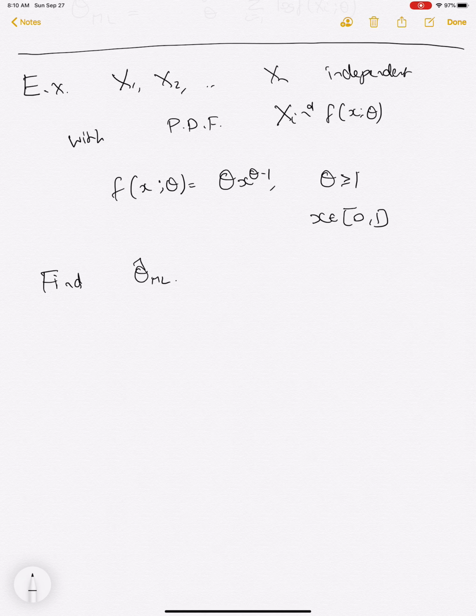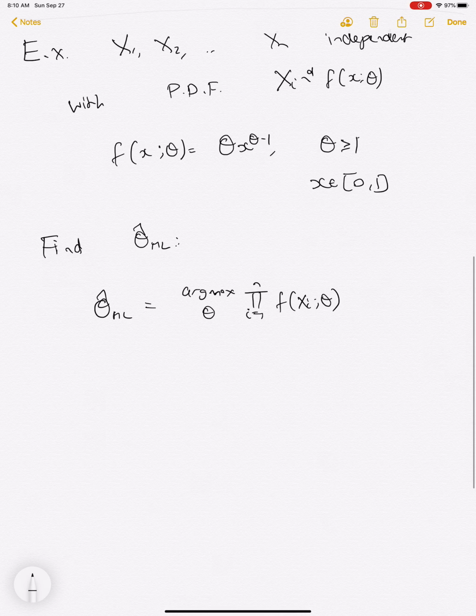Remember that the procedure asserts this, and once again it's going to be useful to take logs because the PDF will look a little easier to deal with, and rather than taking products, we can take sums when we deal with logs, because the log of the product is the sum of the logs.